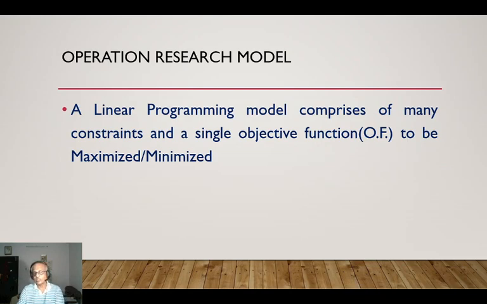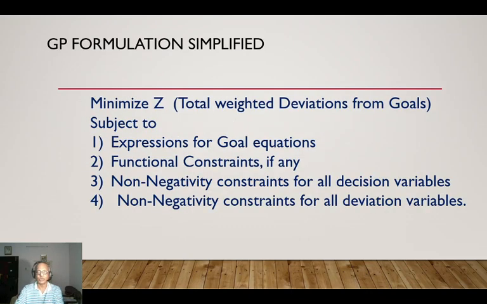Let us take an operation research problem. Now, a linear programming model comprises many constraints, as you must have seen in your work problems. It consists of a number of constraints and a single objective function to be maximized or minimized. So what happens when you go for GP formulation?